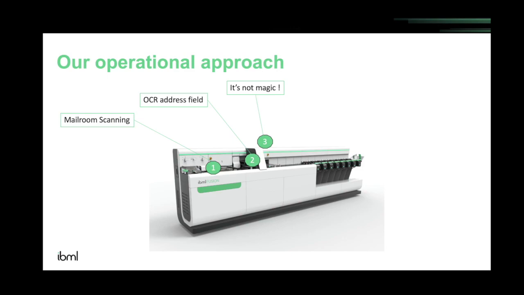And when we talk about an address field, we talk about 20-30 milliseconds to verify if that address is in our repository or not. And then we could potentially print the correct mail address without any errors onto the document, and then we apply sorting.